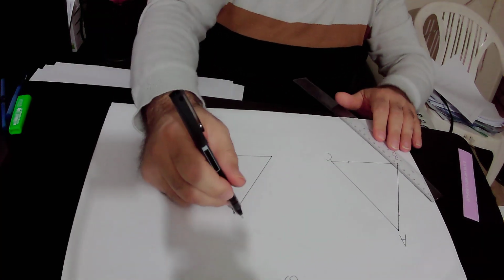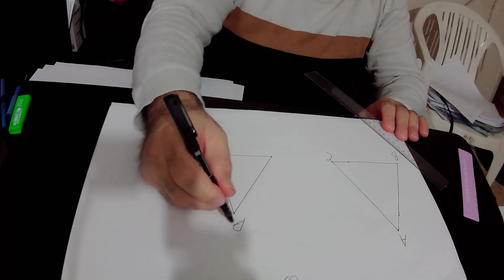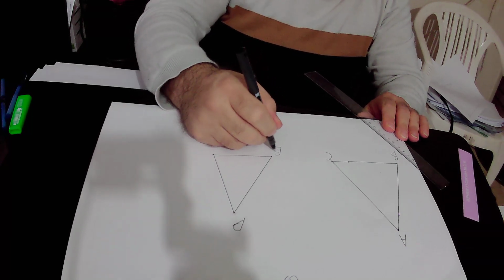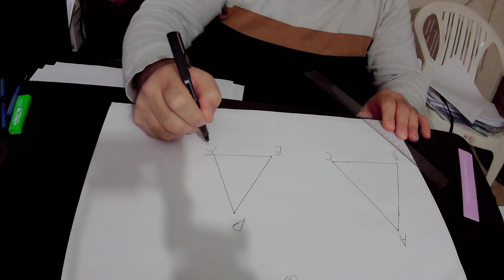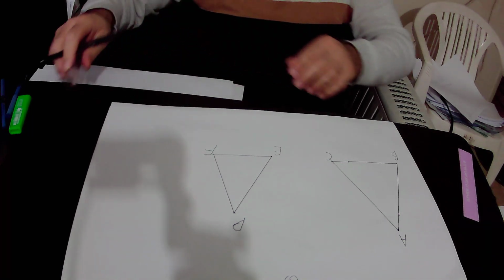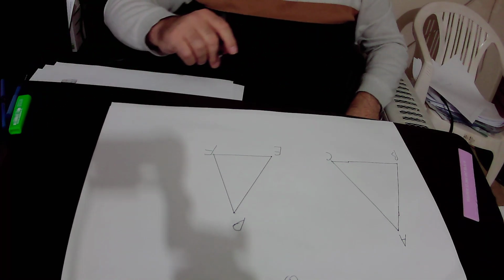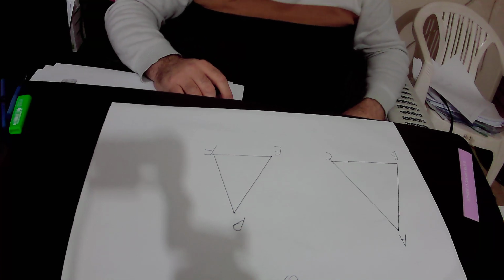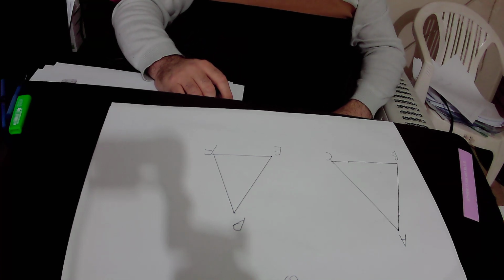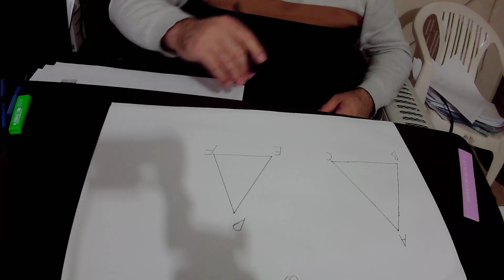In those two triangles we have two pairs of angles that are congruent.